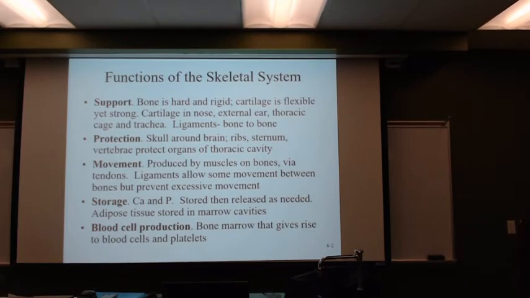So the bone structure is encasing these organs. That tells me those organs are very important. What little bit's left of my brain, I like the fact it's encased in the bone. The vertebral column, it's protection.